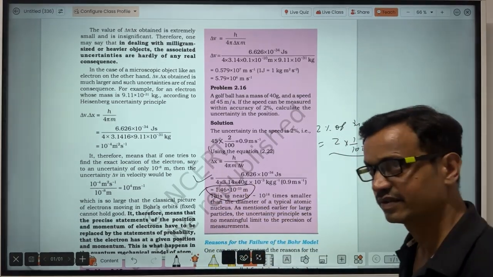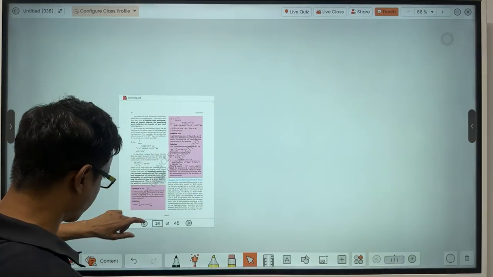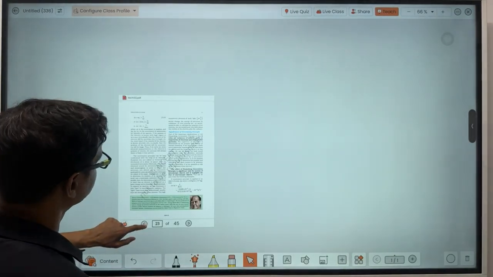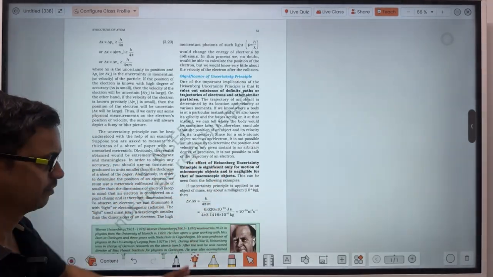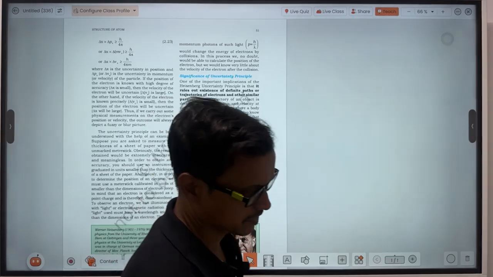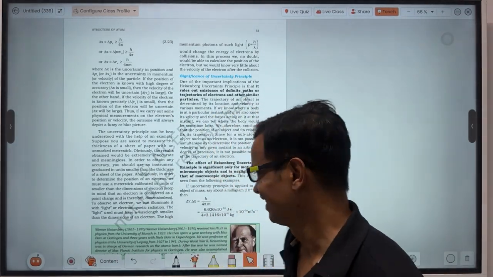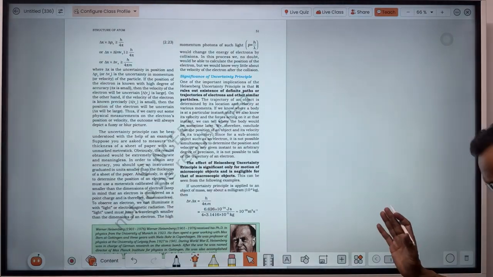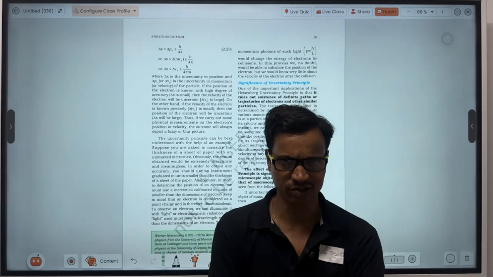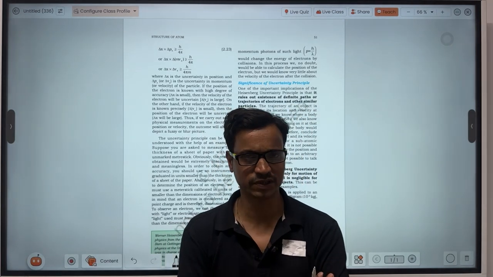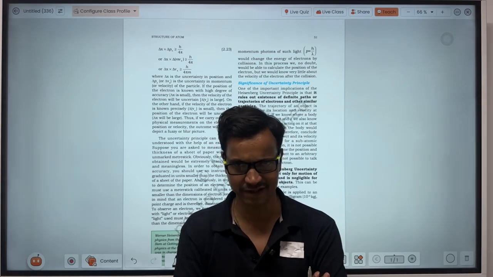Okay. Now, what is the significance of Heisenberg's uncertainty principle? Due to Heisenberg's uncertainty principle, Bohr's atomic model was discarded, because Bohr's atomic theory stated that the electron revolves around the nucleus in a definite circular path, which is called an orbit.